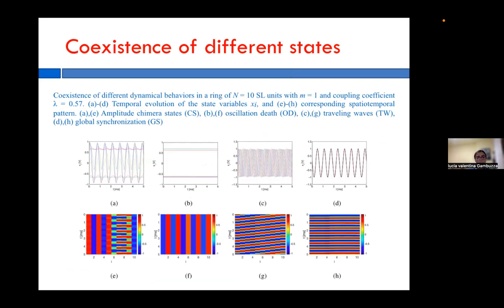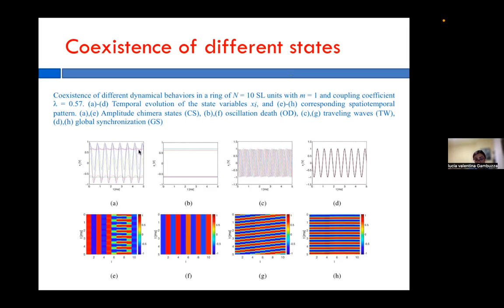In particular, the first two panels, A and E, refer to the amplitude chimera state. So some units oscillate with this big amplitude, and we also have a smaller amplitude in the other units. In the second case, we have the oscillation death.